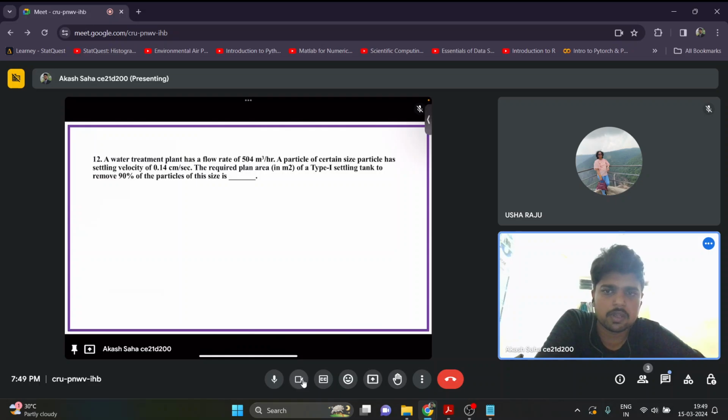We have to find out the plan area for a type 1 settling tank, for which only 90% of the particles are getting removed. Not 100%, only 90%. We have solved these kinds of problems during wastewater treatment design, so a similar approach. We'll see how to solve this.